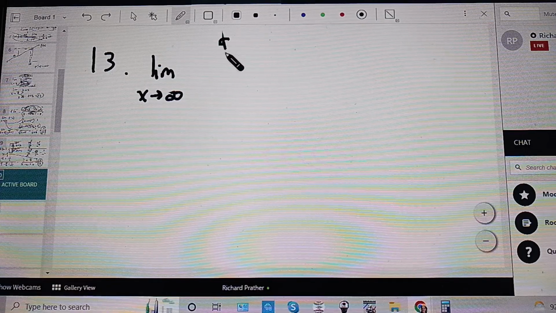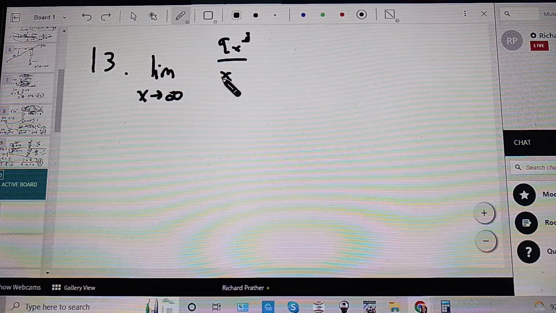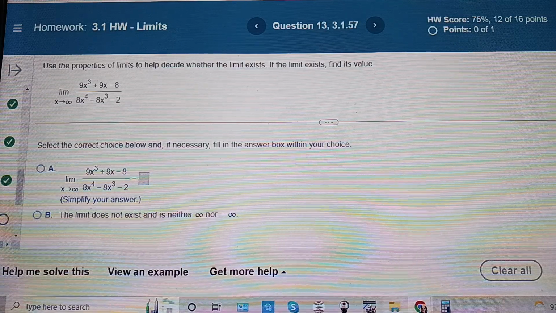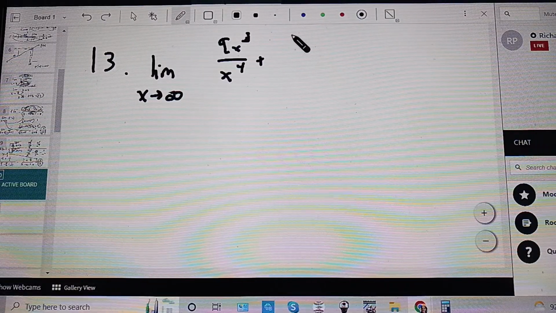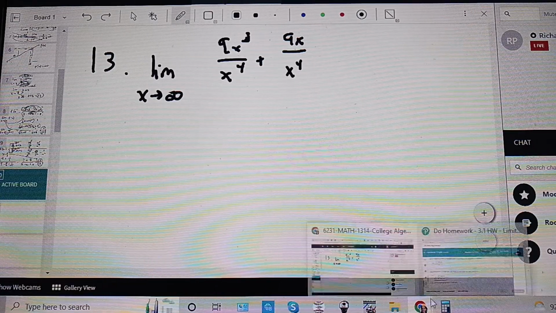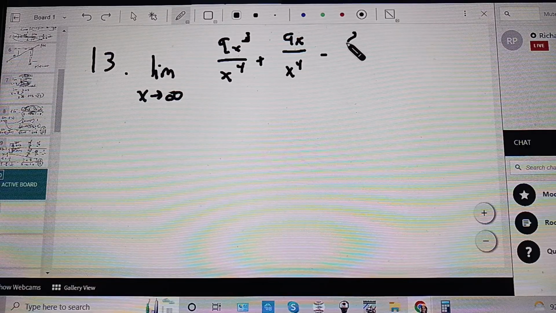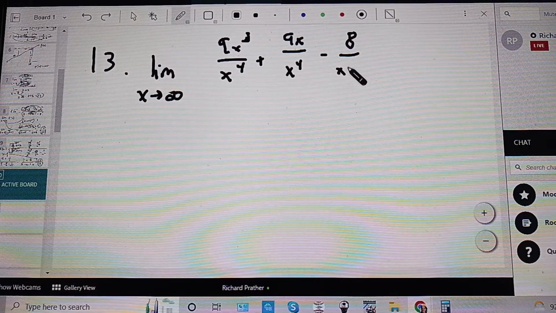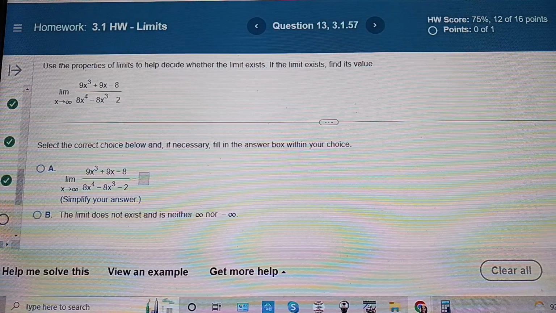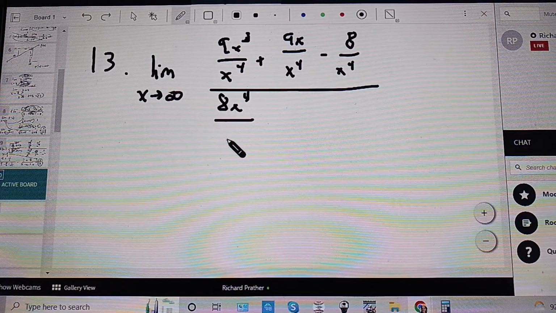But then my 9x to the 3rd, I put that over x to the 4th, because that's the highest degree, plus 9x, put that over x to the 4th, and minus 8, put that one over x to the 4th, and same thing for all 3 denominator parts. 8x to the 4th, and notice I'm only dividing by the x to the 4th.